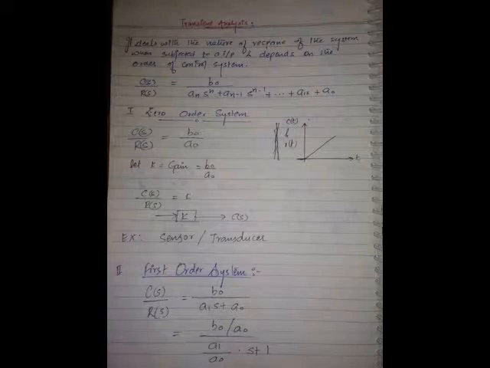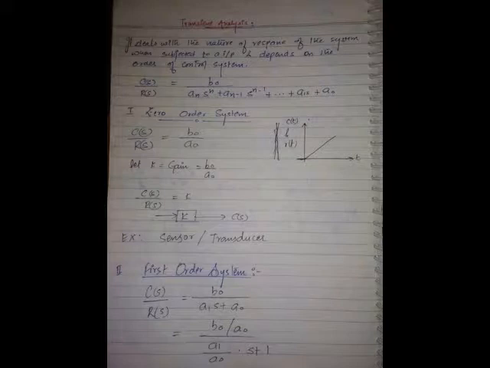We take out this a0 common to convert this into time constant form. This is a1 by a0 into s plus 1. Let K equal the gain of the system, equal to b0 by a0, and T we are calling the time constant element.